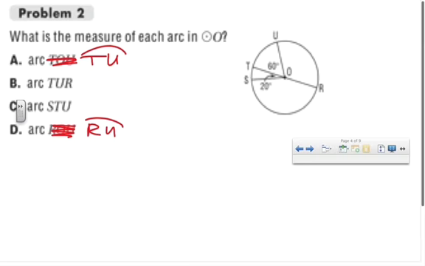It's right there, staring at you. It's 60. How about arc TUR? That one's 180. Good. Arc STU. That one's 80. And then finally, the measure of arc RU is 120.